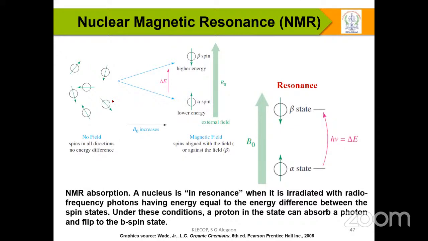If you apply radio frequency equal to the energy difference between the two spin states, the lower energy spin state will absorb it and go to the higher state. This state we call the flip state or resonance state.